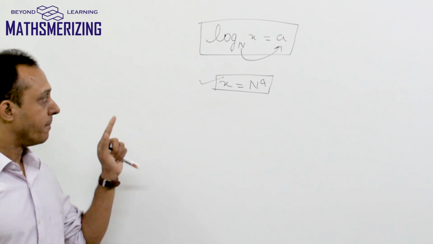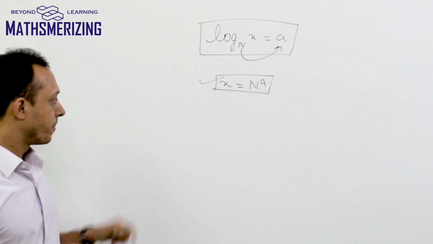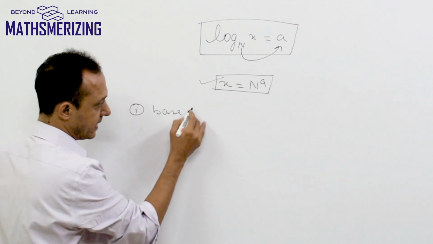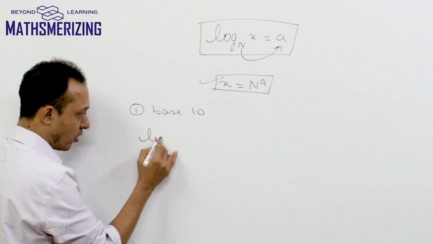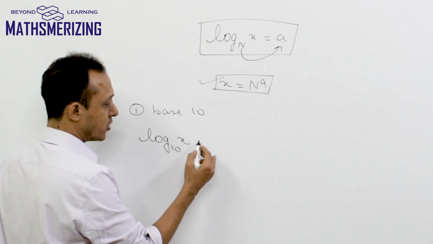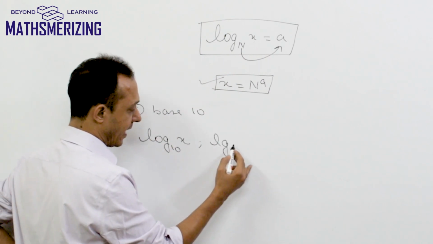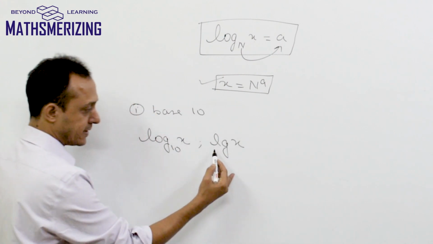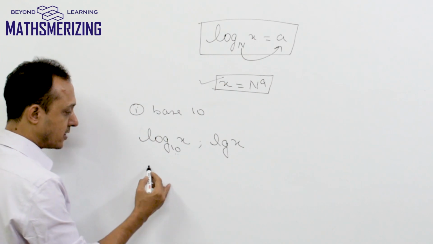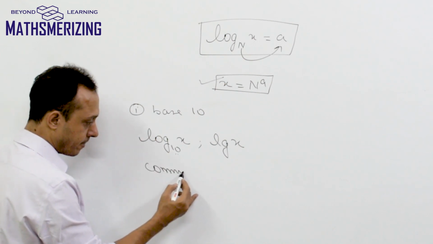Now there are two common bases that we generally use in log. So one of the bases is base 10, and we write it as log x to the base 10, and also abbreviated as lg x. So when I say simply lg, it means it is to the base 10 and it is called the common logarithm.